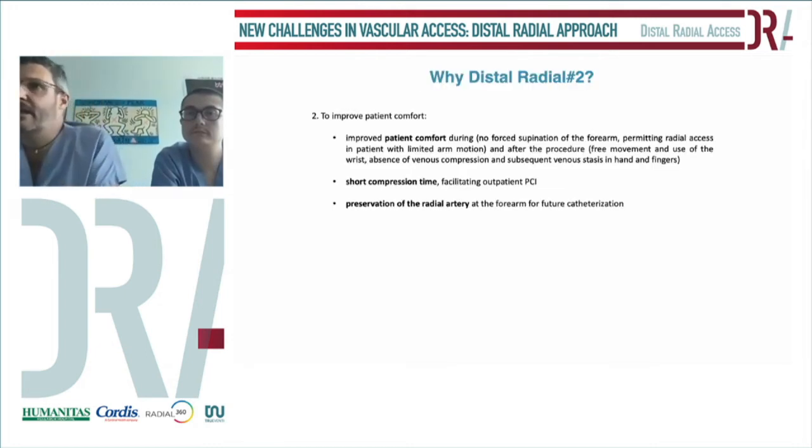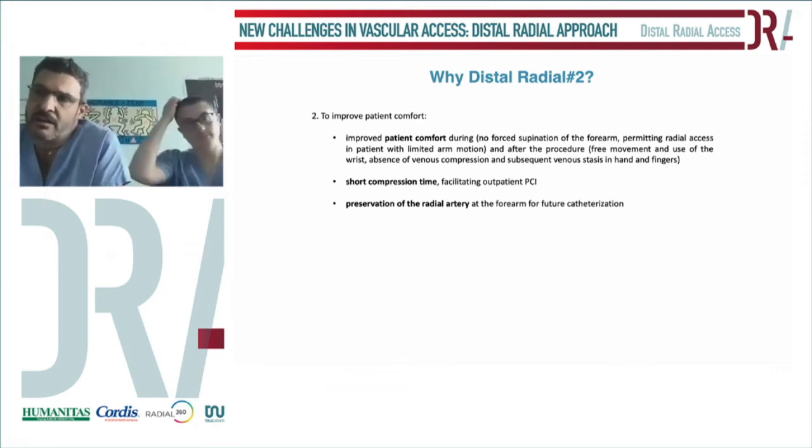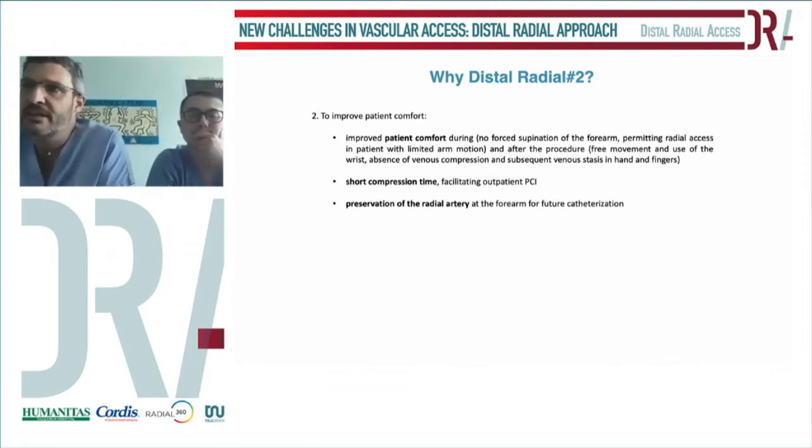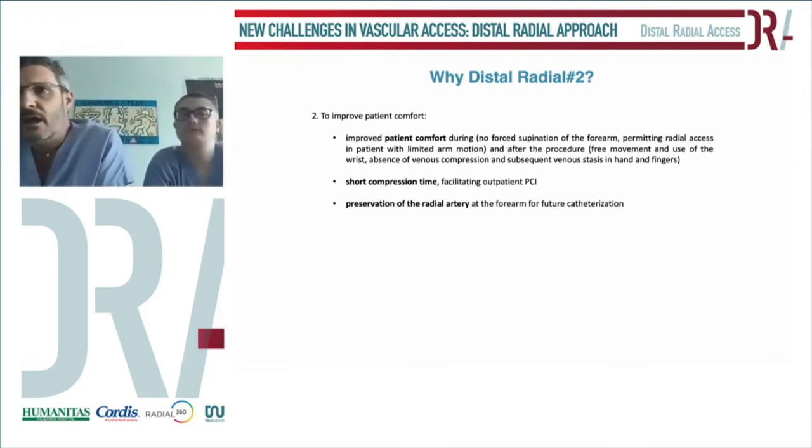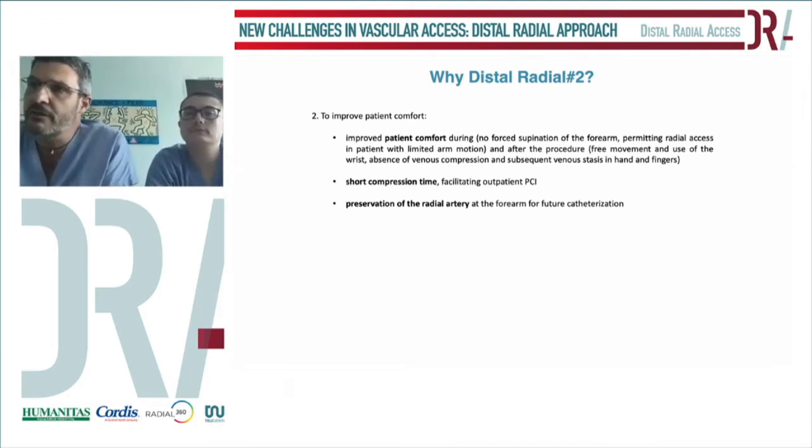And about the rationale and the main advantages of using this access, we discussed the anatomy and the reduction of the risk of radial occlusion, but we have to keep in mind that several other advantages are related to patient comfort.